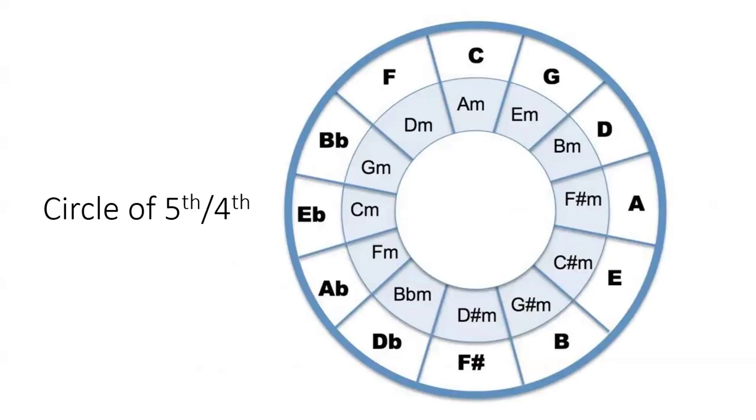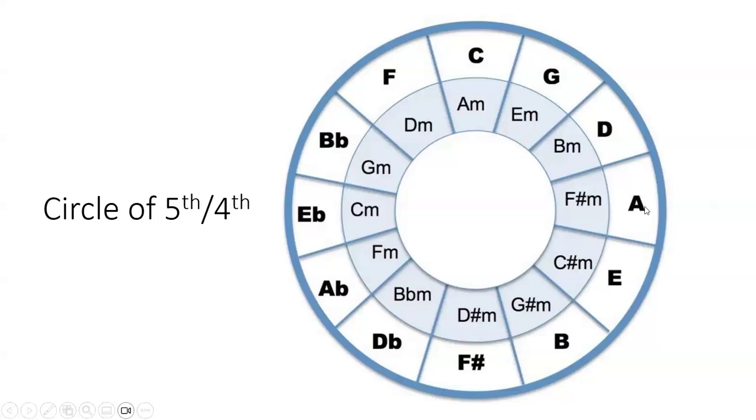Circle of fifths. We're not going to look at the middle circle for now, just the outer circle. It goes into a lot more when we talk about key signatures and scales. The circle of fifths is pretty much all your 12 notes or keys, your chromatic notes, spaced 5 notes apart. So the distance between C and G is 5 notes. The distance between G and D is 5 notes.